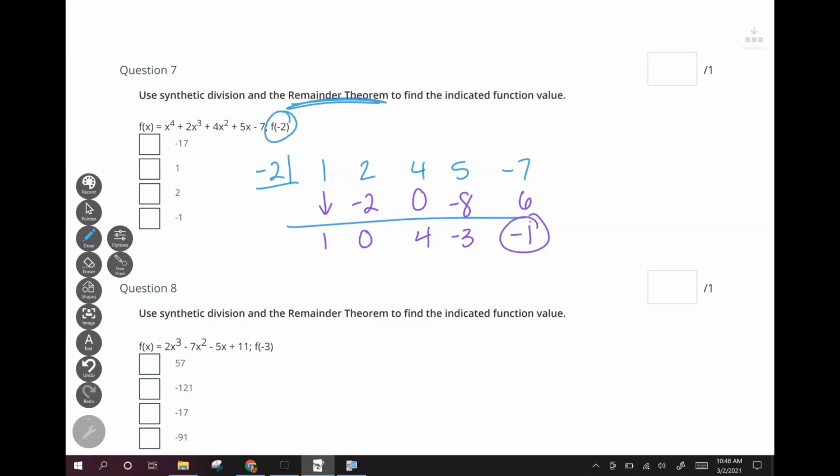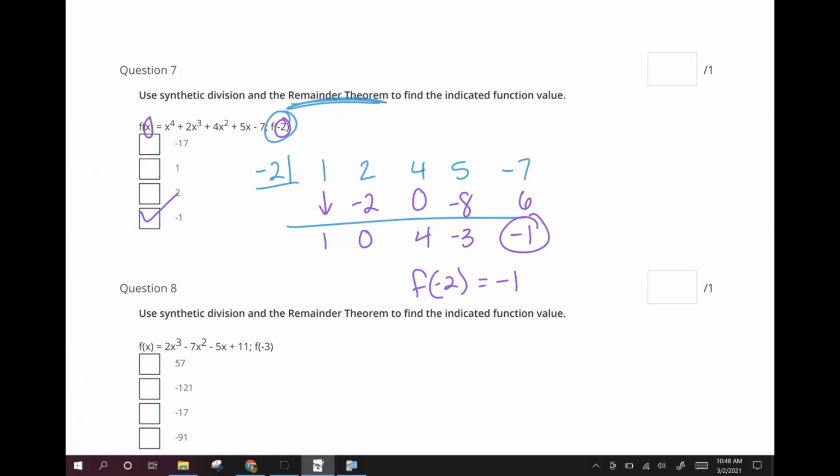So since my remainder, that last number, is -1, that means f of -2 equals -1. Okay, and if you wanted to double check yourself, you could plug -2 in for x in your calculator and just make sure it comes out to -1. That's how you could check your answer there. Synthetic division should be pretty quick though. We should be getting really good at that.